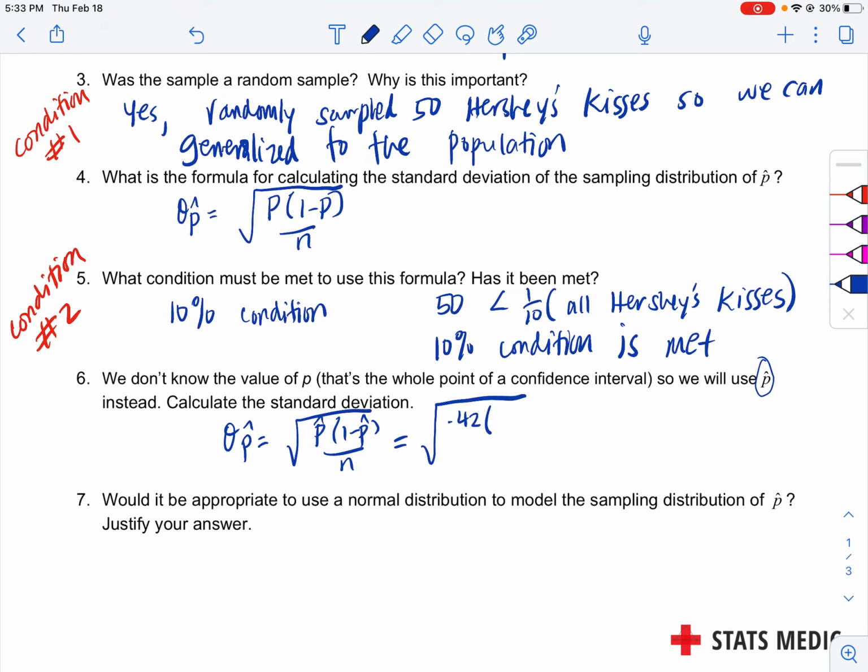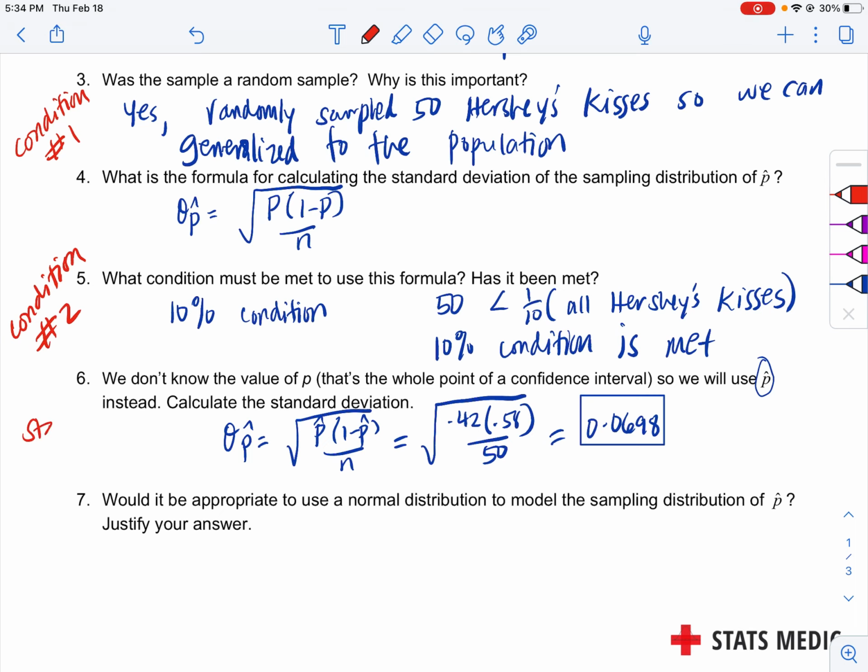So this is 0.42 times 1 minus 0.42, which is 0.58, over, of course, 50. That is 0.0698. So this is my standard deviation. But because we used our p-hat, not p, we call this one a standard error.